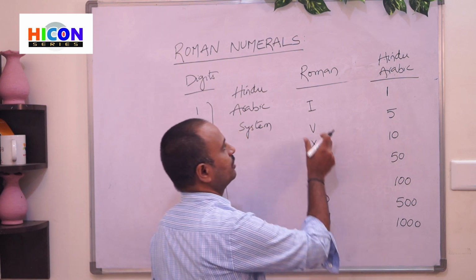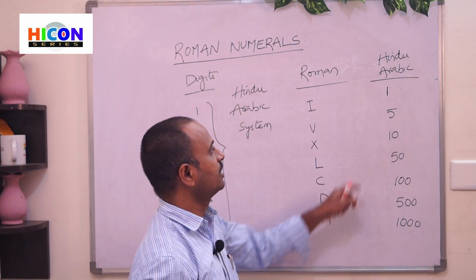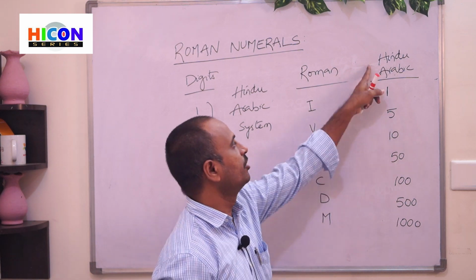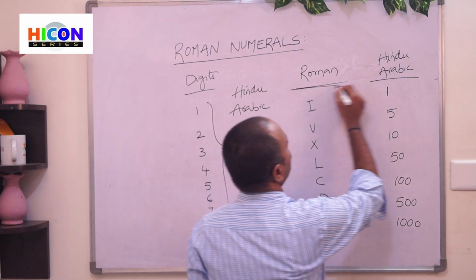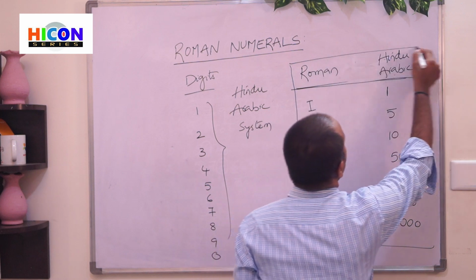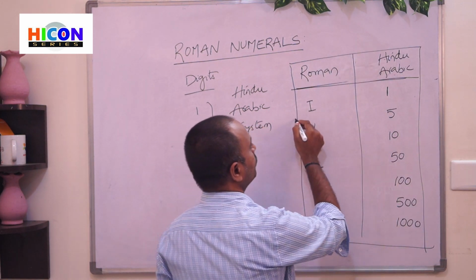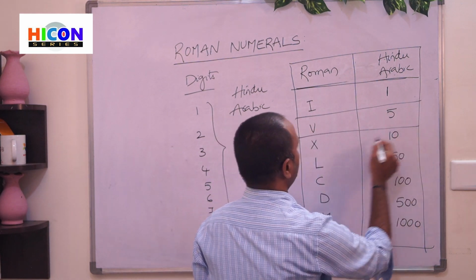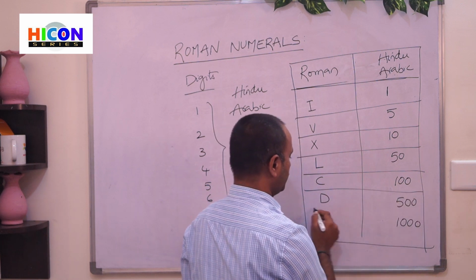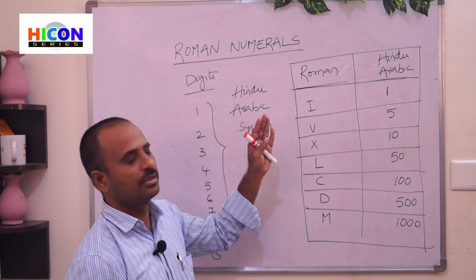Children, these are the symbols in the Roman system, and these are the equivalent numbers in the Hindu-Arabic system. So this is about Roman numerals and the Hindu-Arabic system. Now you have to remember these 7 Roman symbols and their equivalent Hindu-Arabic values.